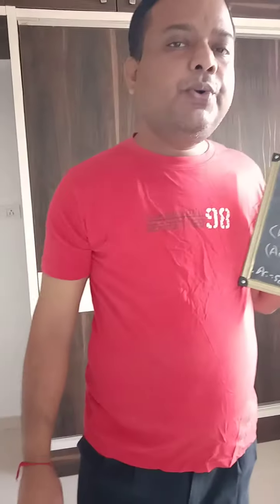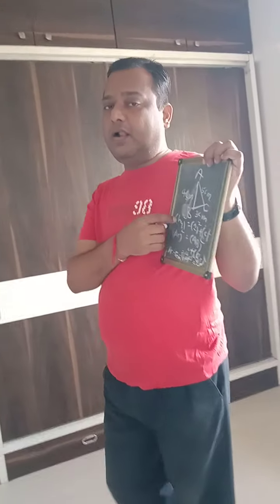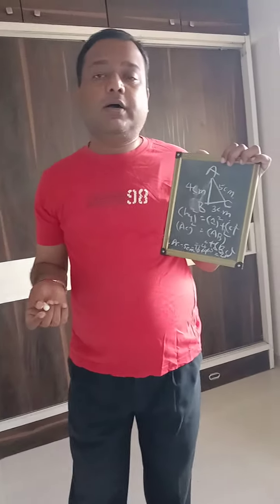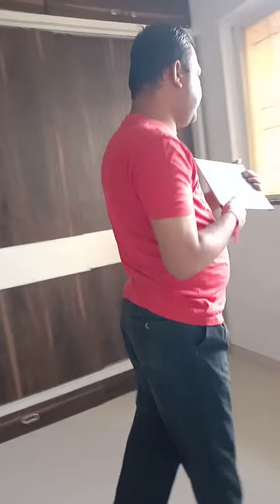Here we want to make the incircle of this triangle. This kind of triangle is a right angle triangle. We have to construct the incircle in it, and I will teach you how right now.